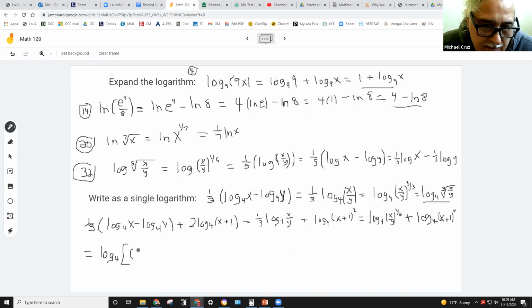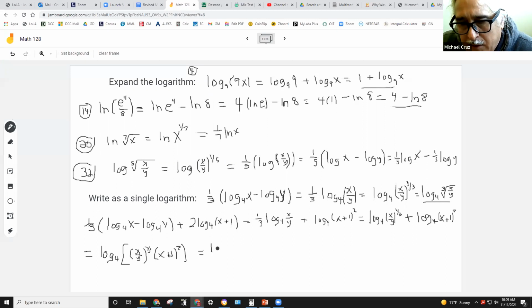It's x over y to the 1/3 times x plus 1. I'm sorry, it's times, not plus. I'm trying to rush again. And then we can do one more thing here. This is x plus 1 squared.